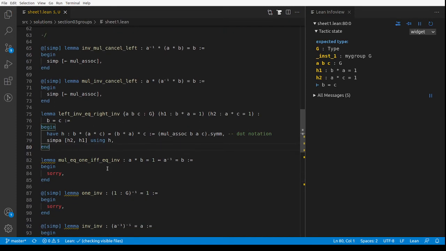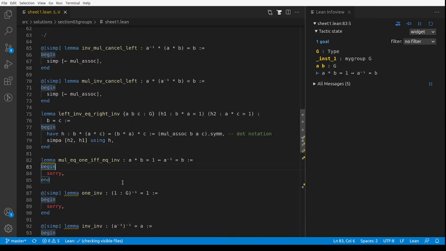And now what? This one again has not been tagged simp. It is an if and only if, and if and only if lemmas are perfectly fine, fair for the simplifier. But it's not really clear which side is simpler than the other side.